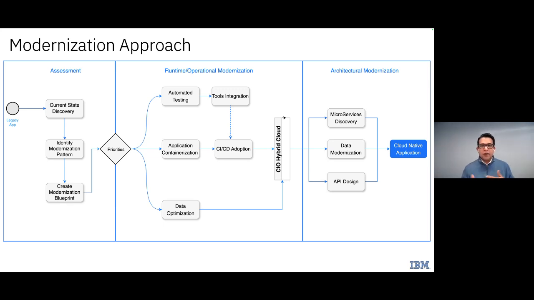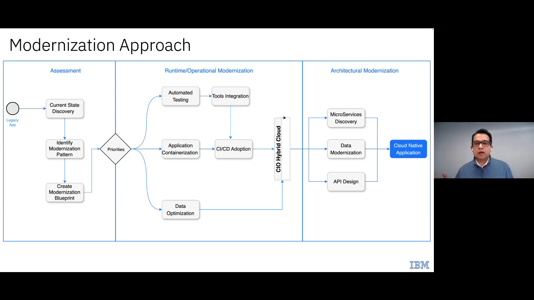The expansive or big bang modernization is always time consuming and costly. So in our approach, we have a three-phased approach. We start with assessment, then we do runtime and operational modernization. This is basically, hey, you may have a different technology stack. You're running on traditional WebSphere, but the latest version is WebSphere Liberty.